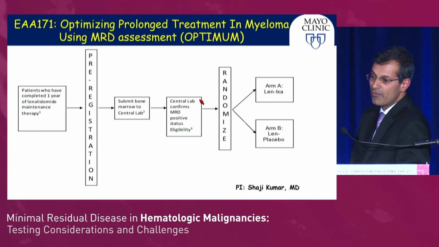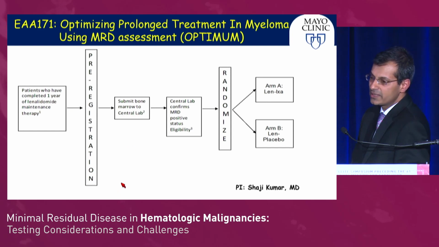Here's an example of the Optimum trial that is about to start. This is an Eastern Cooperative Oncology Group trial that is going to look at post-transplant patients who have received at least 1 year of maintenance with lenalidomide. And once the MRD positive status is confirmed following 1 year of therapy, patients could be randomized.